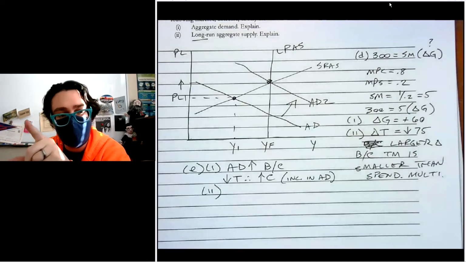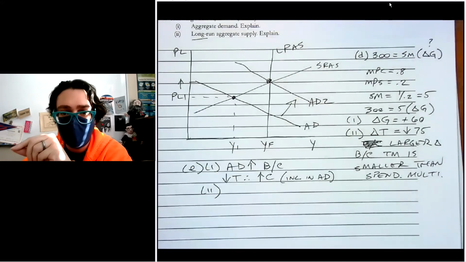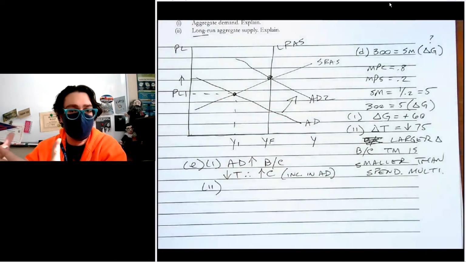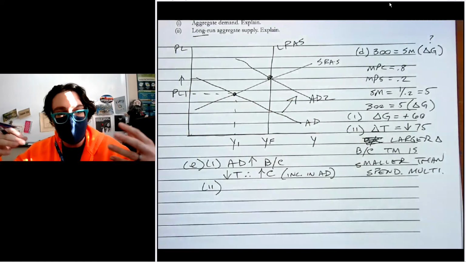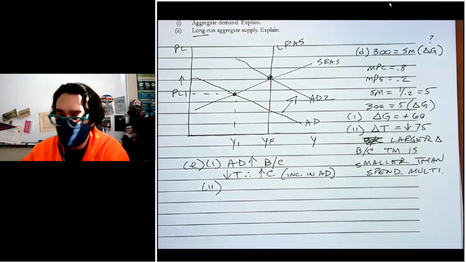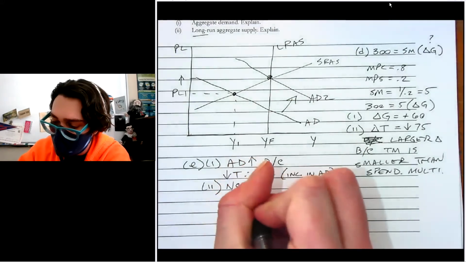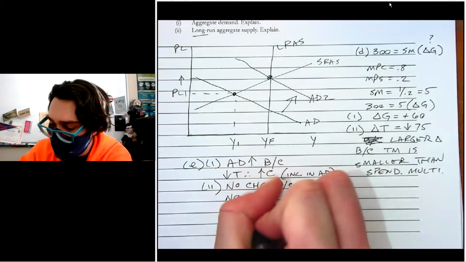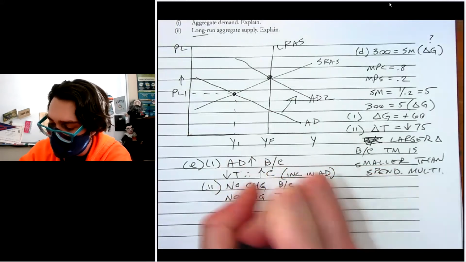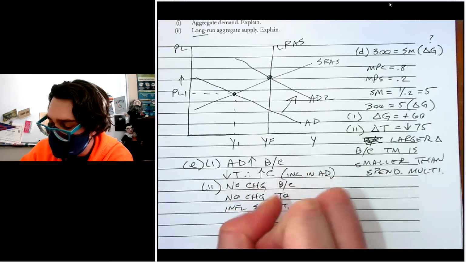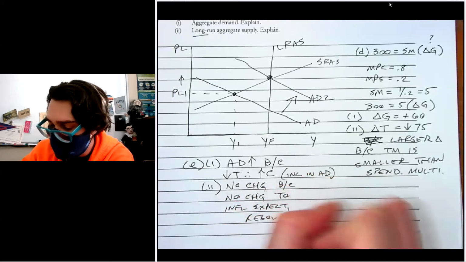It is possible that you could get to an answer where you said resource costs are higher because the price level rose, and therefore aggregate supply won't grow as fast. But realistically, the best answer is no change, because there's no change to inflationary expectations, resource costs, et cetera.